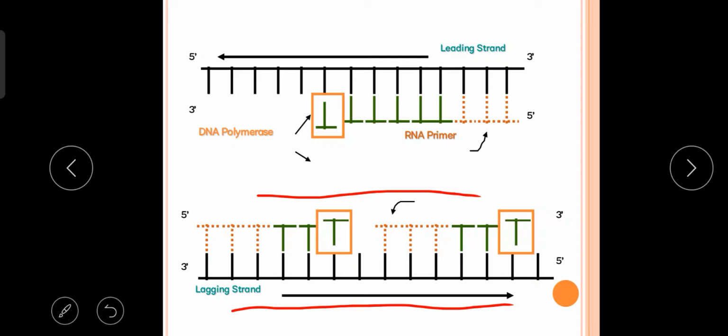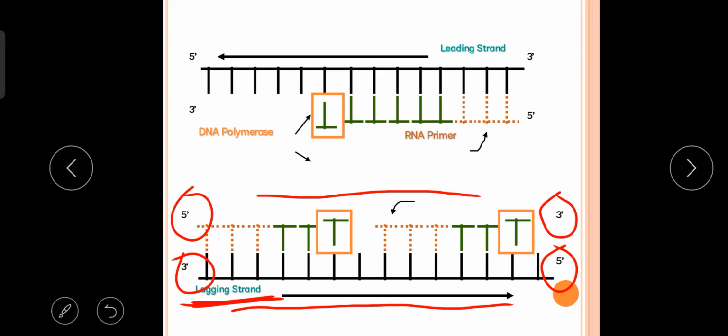In this new DNA strand, the parent strand is 5 prime to 3 prime, and the new DNA strand is 3 prime to 5 prime. When the parent DNA strand runs from 5 prime to 3 prime direction, then the newly synthesized DNA strand will become the lagging strand.